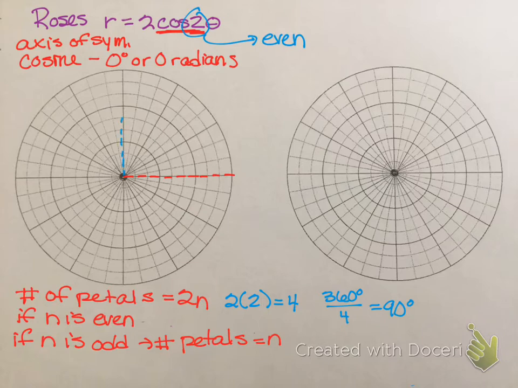So I know that the next axis of symmetry will be here at 90. The next one will be at 90 plus 90, which is 180. The next will be at 180 plus 90, which is 270. So in general, my rose is going to look something like that.